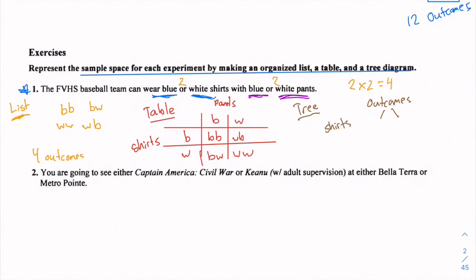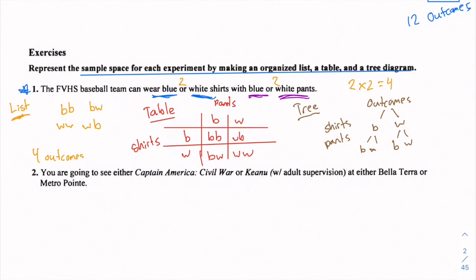It doesn't really matter. For shirts, we have blue and we have white. And then after that, what's my next level? My next level is pants. You have two options, blue or white. Same thing here, blue or white.